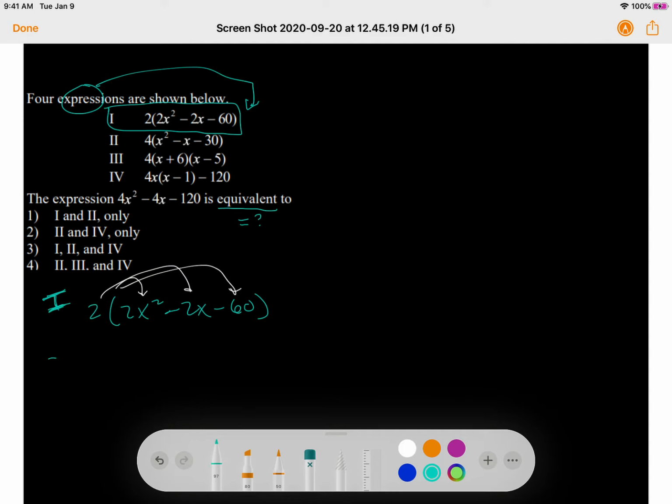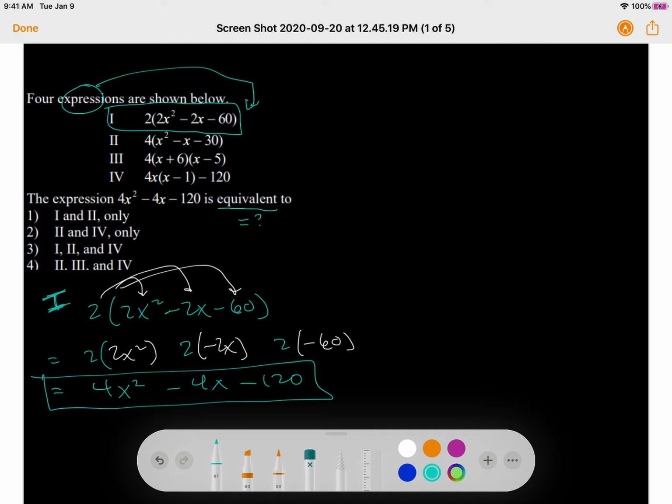So essentially what you're going to have is 2 times 2x squared, 2 times negative 2x, and 2 times negative 60. Now, I wrote this equal sign there to show that each line is equal to each other. They're equivalent. So now I'm going to get 4x squared minus 4x minus 120. So this is my answer.